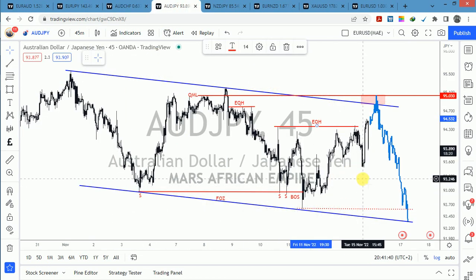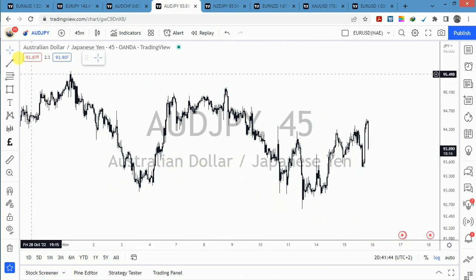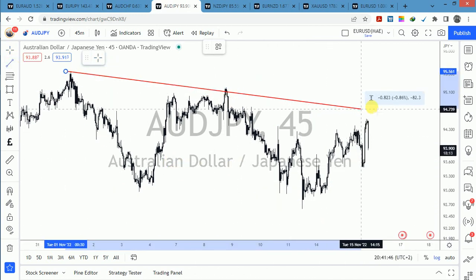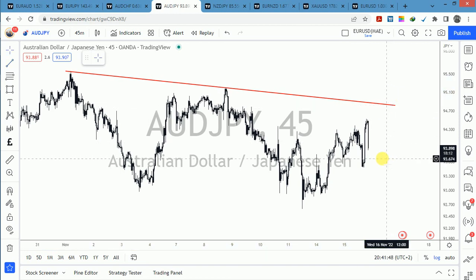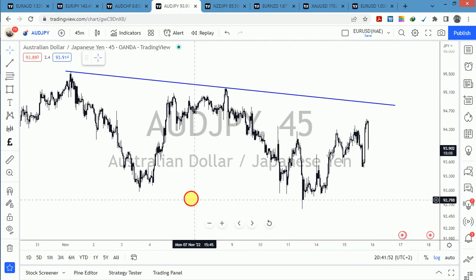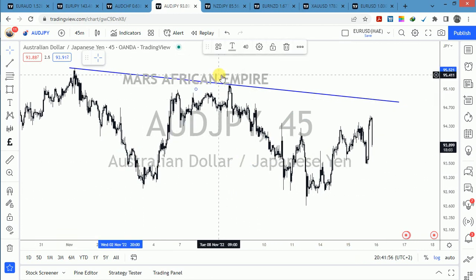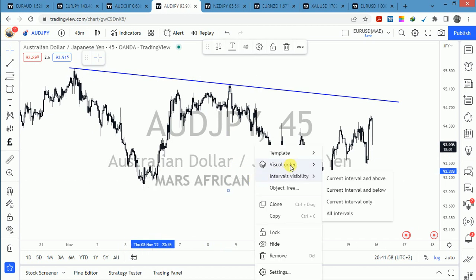And then AUD JPY. Also, it's similar to AUD CHF. We also have a trend line here. We're just going to use blue here.